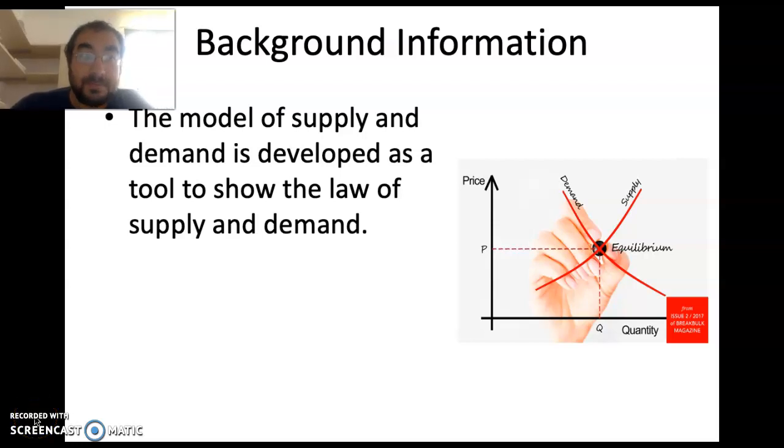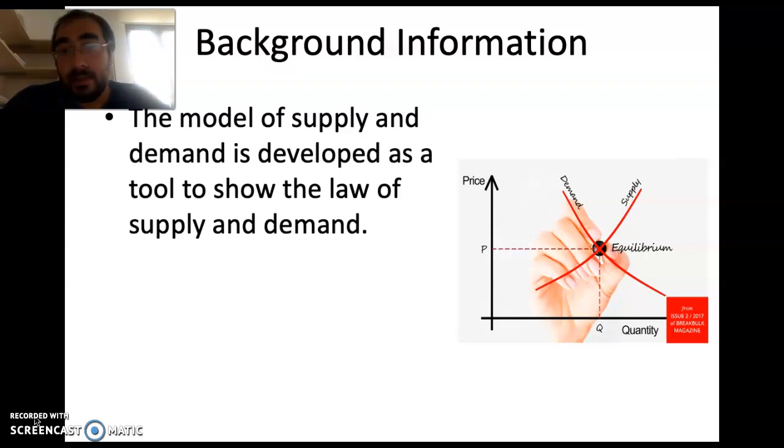Well, hi again. Last time I was talking about the background information of the content we are going to see, and I basically told you the main idea behind the demand and supply model. The main mechanism, although we will see it in a more detailed way, is actually simple.